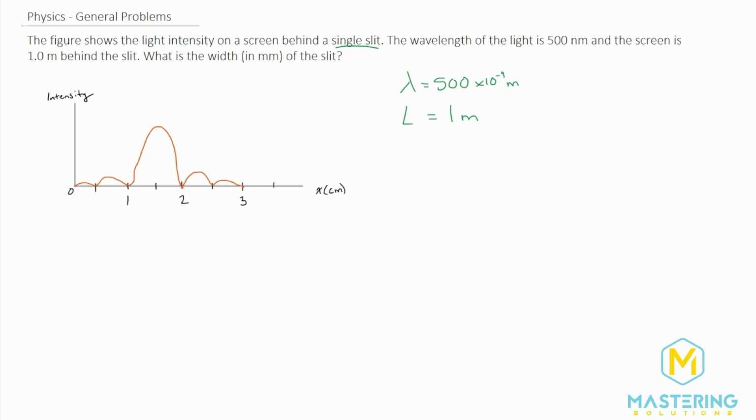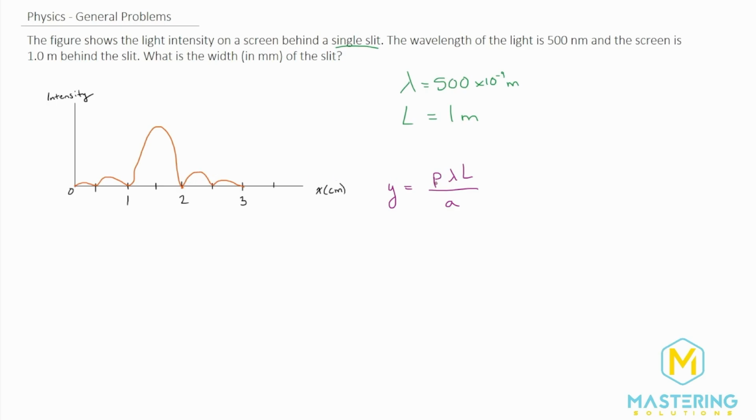So the equation that we can use for this is y is equal to p times lambda L over a. Now remember, with single slits, p is referring to the distance from the central max out to a minima. So the first order minima and the second order minima. It's not to the bright spot.